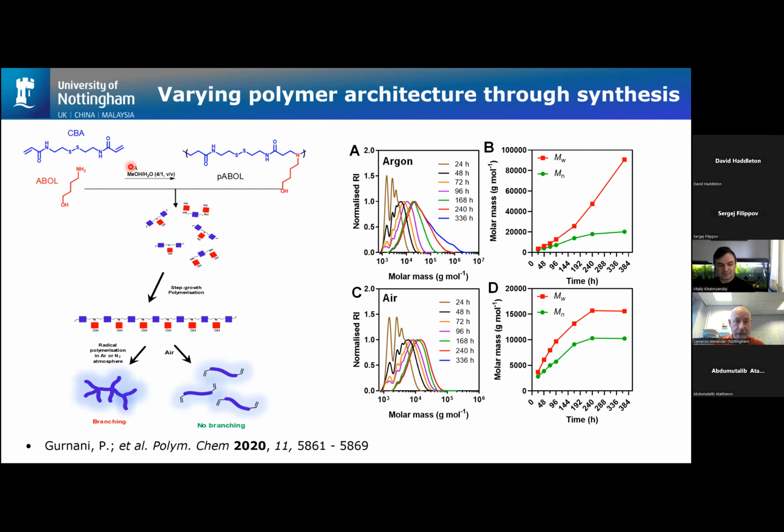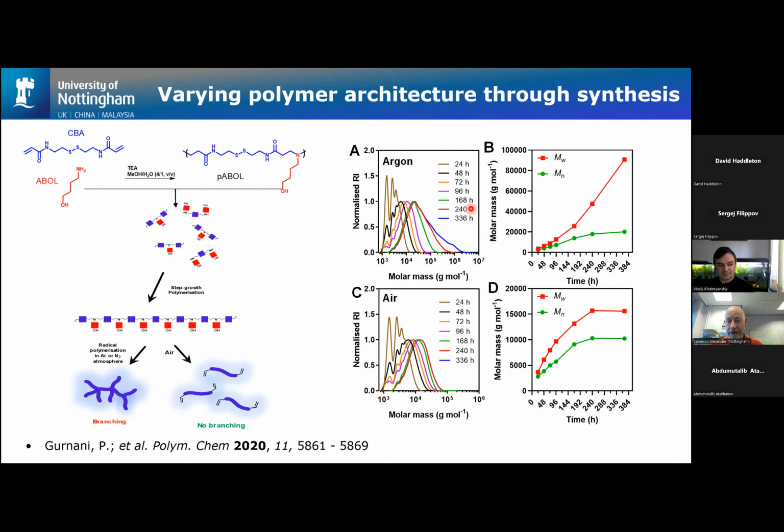A straight microaddition would form this linear polymer. But the reality is, of course, that if you don't get this right, then you can get some level of uncontrolled radical polymerization. And that's exactly what Pratik saw, and he did a whole set of studies about how these polymers are made.